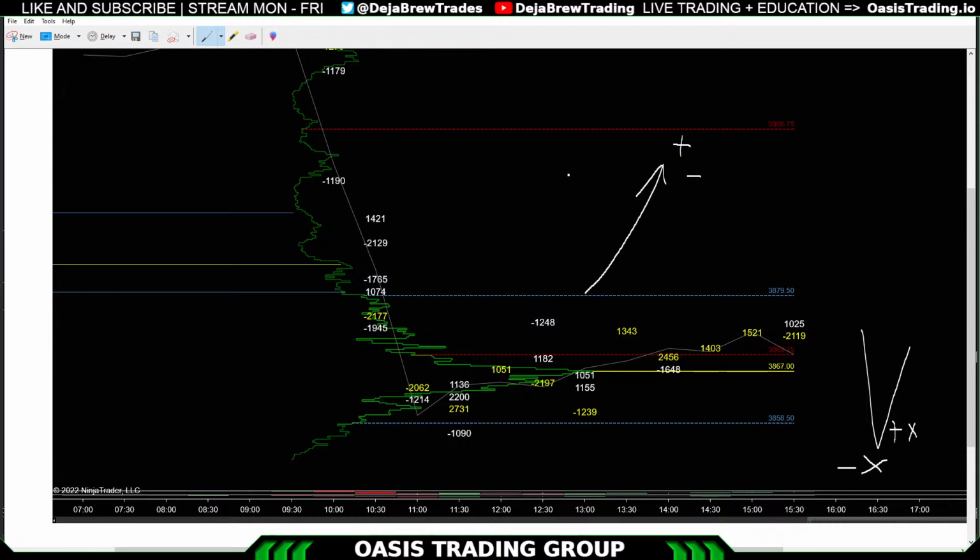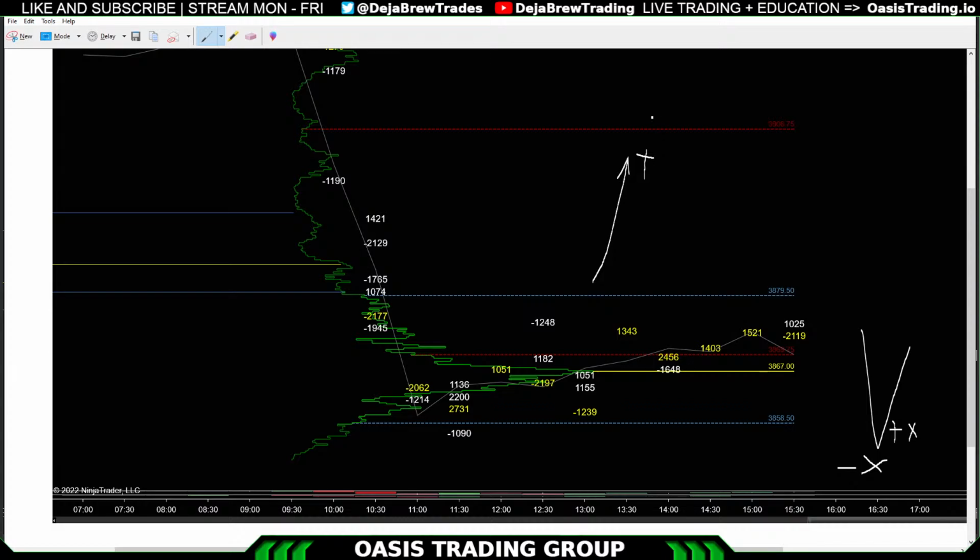But what if we don't want to reversal trade this? What if we want to follow along with the trend? If we want to follow along with the trend, then we want to see positive contracts on the way up, but we want to see value above those contracts.